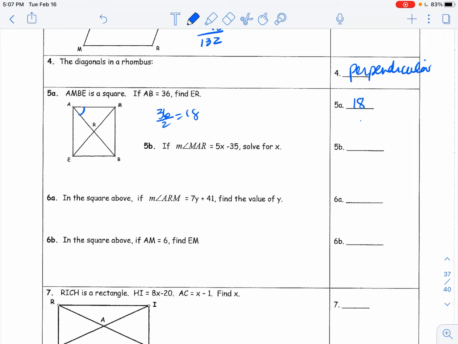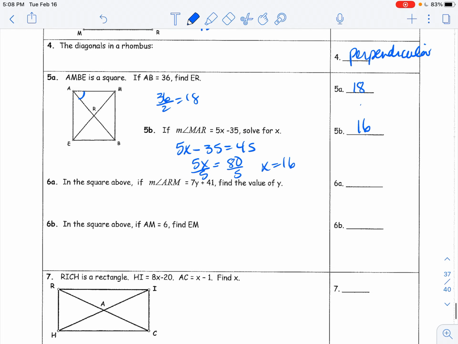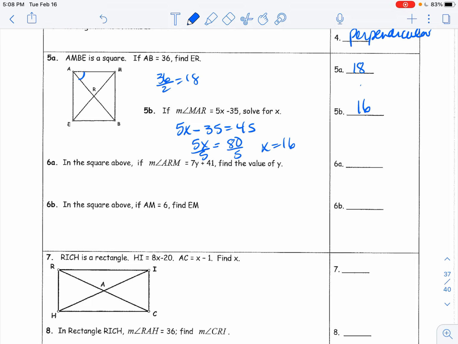All right, so if this is a square, then each of these angles is 90 degrees, and the diagonal is going to bisect it, so half of 90 is 45. We set this equal to 45 and solve. If I add 35 to both sides, that gives me 5x is equal to 80, and when I divide both sides by 5, x is 16. Now, we're solving for x, so x is 16.